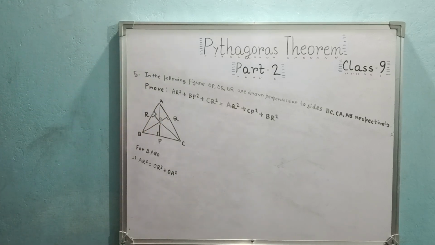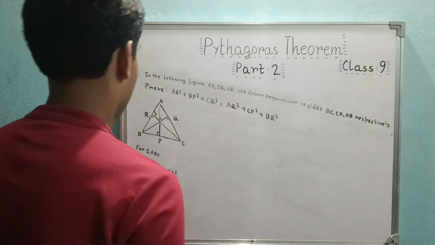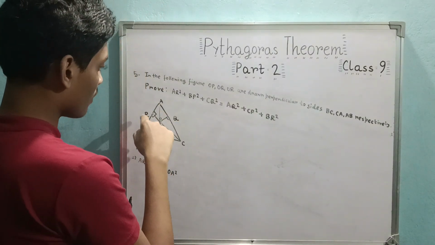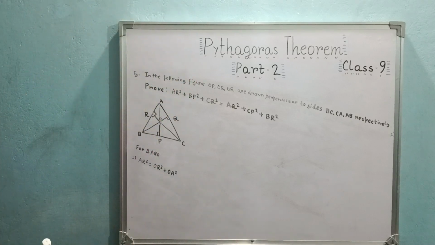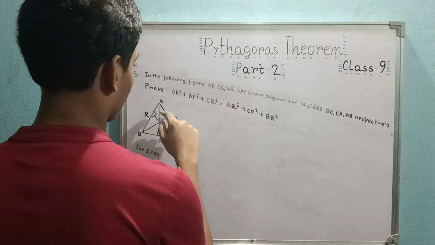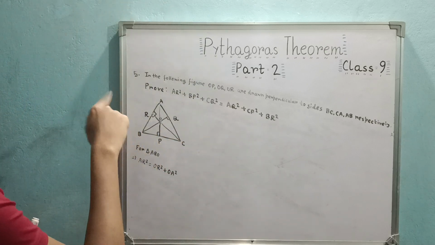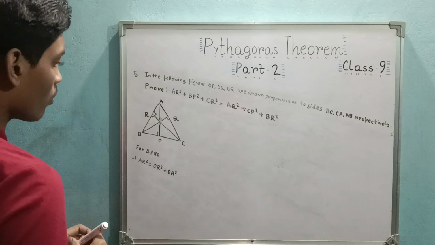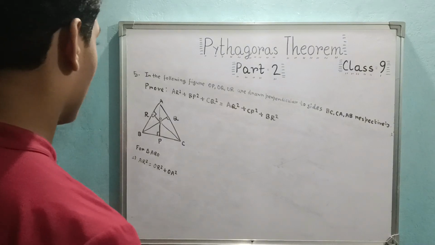Is that correct? Let me just see. This triangle is confusing. Is this the hypotenuse? Yes. So AR square equals OR square plus OA square. So that's for triangle ARO.